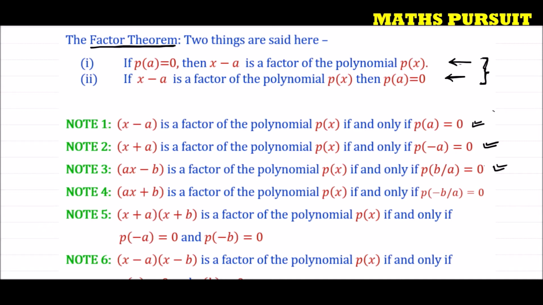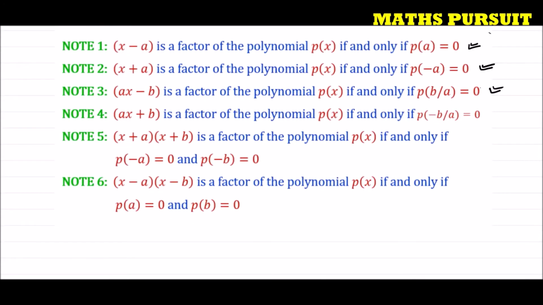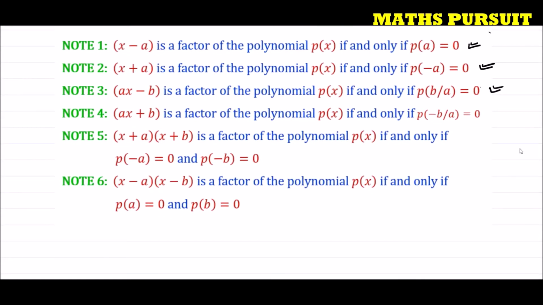Now guys, how are we getting these things? P(b upon a): we are just finding the root of the given divisor. Here ax minus b is our divisor and P(x) is our dividend. So for the root of ax minus b, we set ax minus b equal to 0. I'm telling you how we extract this.